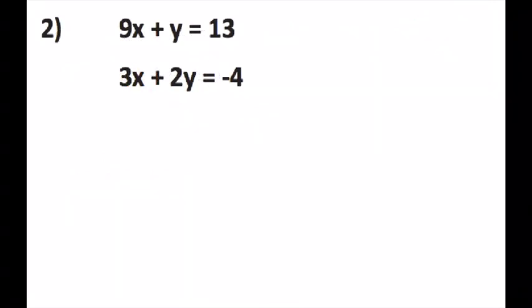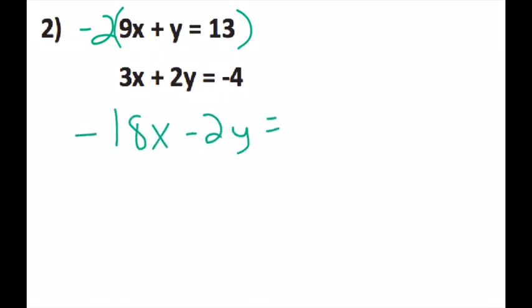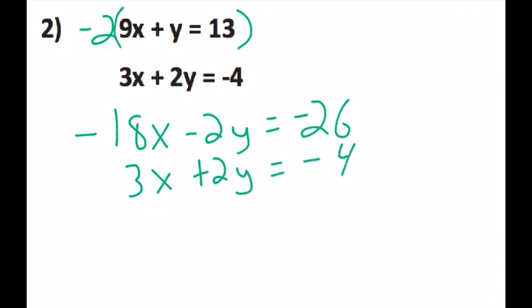Okay, number 2. I would multiply the top by -2 on this problem. That gives us -18x minus 2y equals -26. The bottom is 3x plus 2y equals -4.